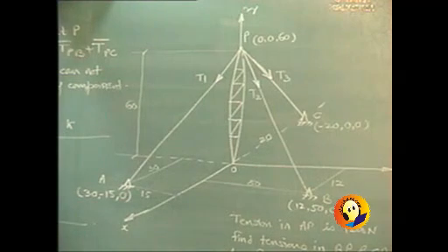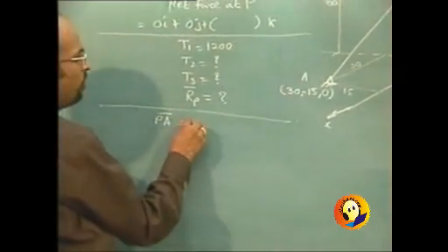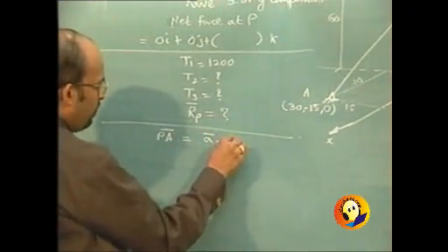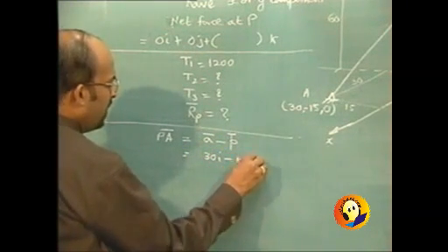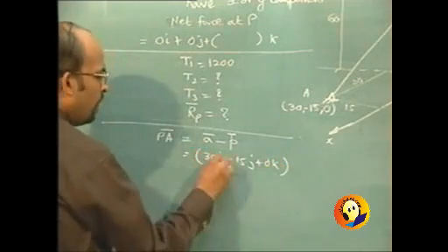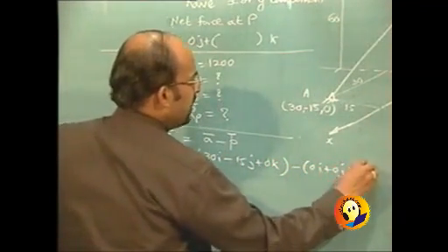Once we get the coordinates, then we can proceed even in a tabular form, because now I can write down vector PA bar. Vector PA bar can be found out because it will be A bar minus P bar. A bar is 30i minus 15j plus 0k minus P bar is 0i plus 0j plus 60k.